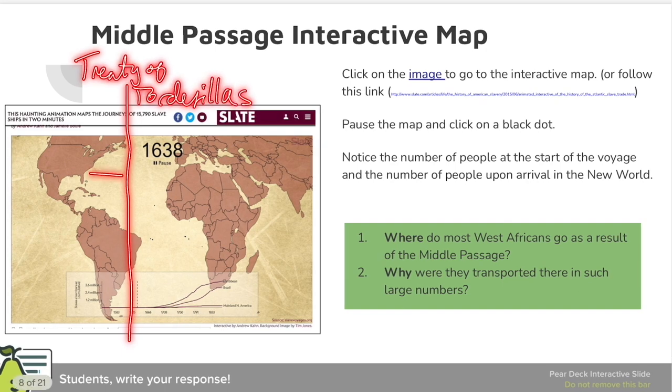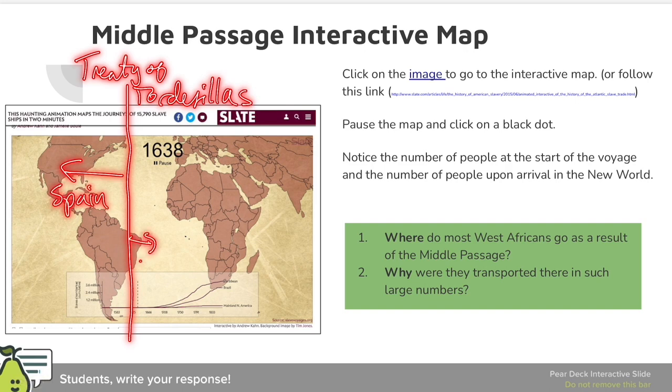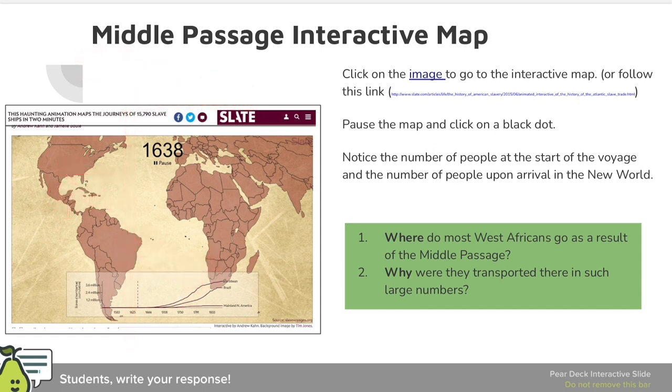Although eventually, with the defeat of the Spanish in 1588 by England, we start seeing other European countries start coming in and colonizing. So, most of the Western African population is going to be taken to plantations in the Caribbean and in Brazil. We know that the cash crops that are grown on those plantations are going to enrich the Europeans at the exploitation of the Native Americans and the African population.